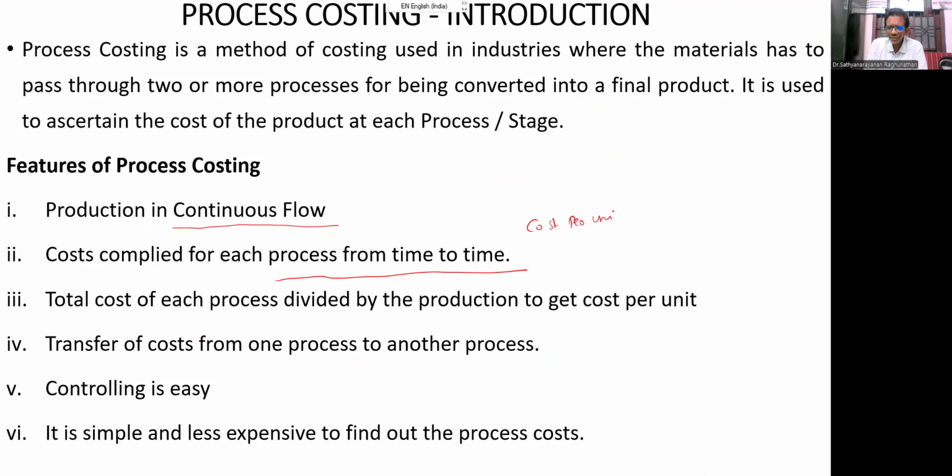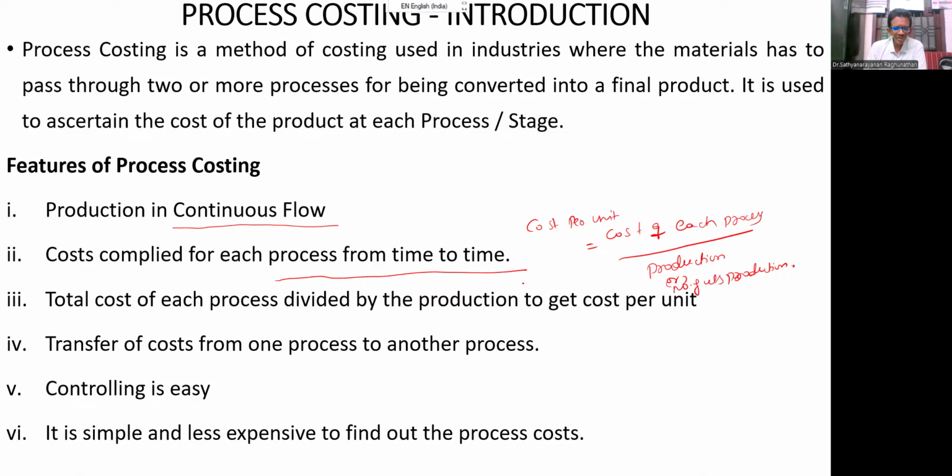Cost per unit is equal to cost of each process divided by production, or number of units produced. So you will arrive at the cost per unit.